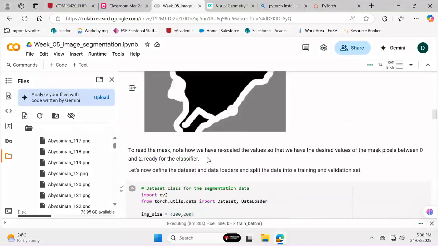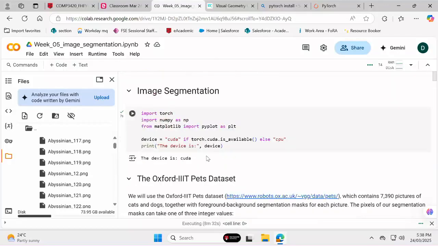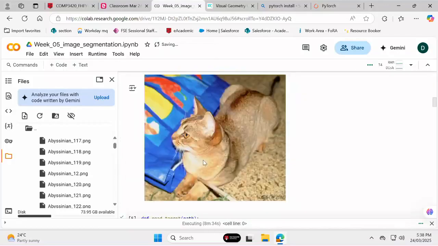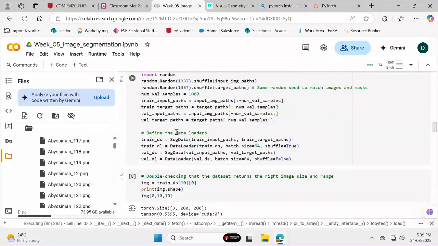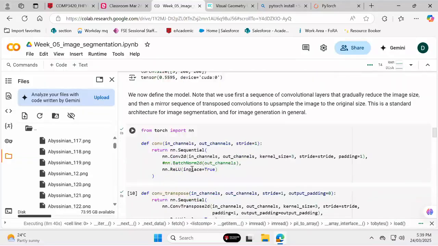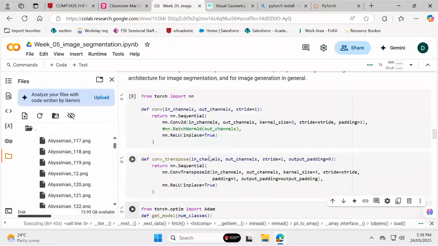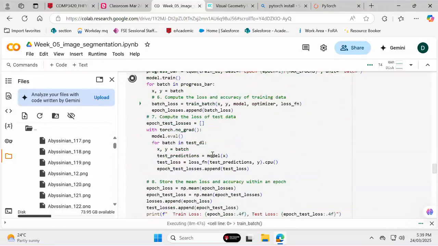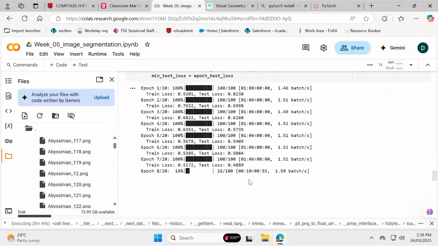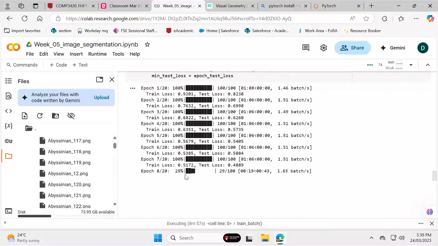It's not that difficult to add the skip connections, and then you probably get better quality. Oh, by the way, in this example, I have removed the normalization. I'll let it run and see if the result is much worse. So far, the test loss is going down, which is great.